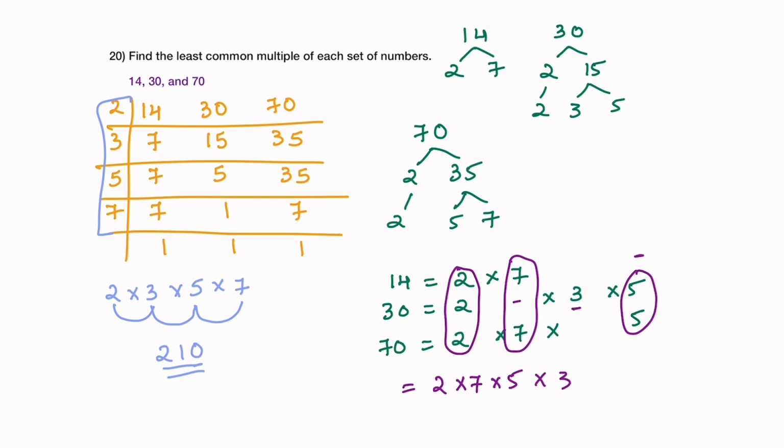This 3 is not covered, right? Rest everything is covered. So this becomes 2 times 7 is 14. 14 times 5 is 70. 70 times 3 is 210, because 7 times 3 is 21, right? So 70 times 3 is 210. We add 0 there. Okay?